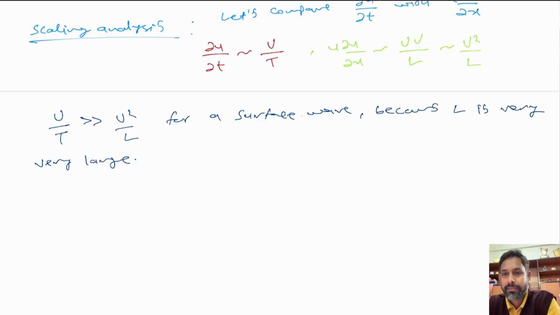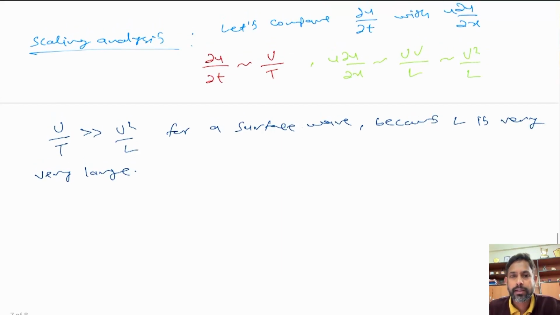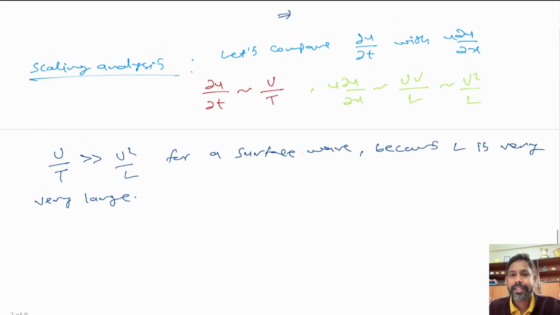Whereas the time scale that we are considering is only that of the wave, and that is why it is much smaller compared to the L value, and that is why u over t is much greater than u square over L. And that is why we apply linearization, so that all these non-linear terms have values that are much smaller in case of wave compared to the linear terms.